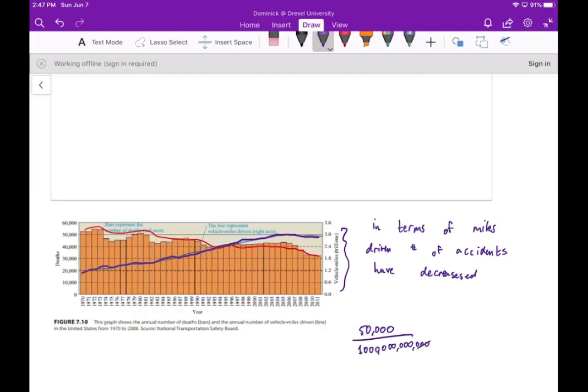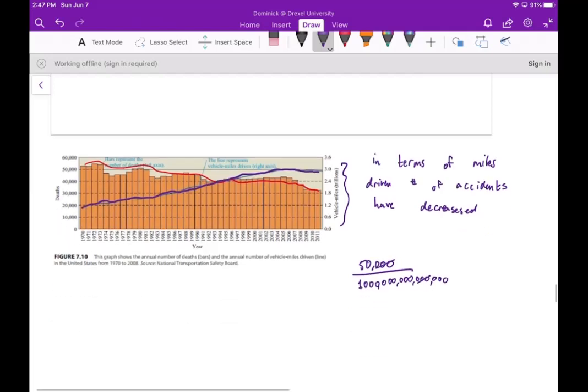These three zeros cancel out with three of these, and then I actually need three more zeros here: thousand, million, billion.